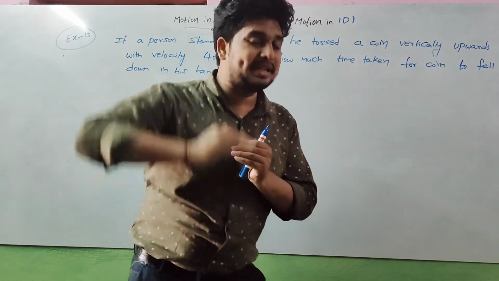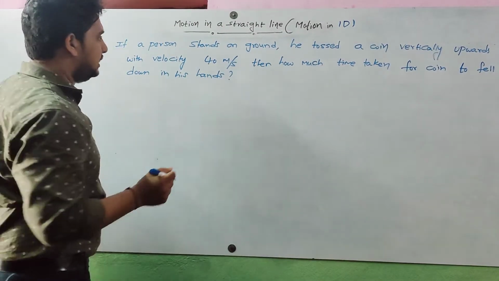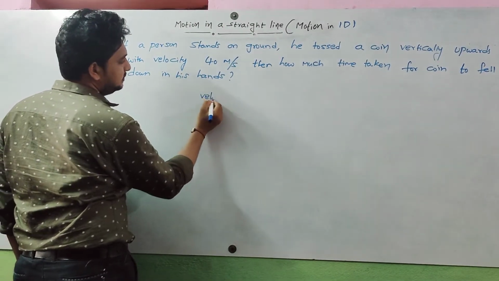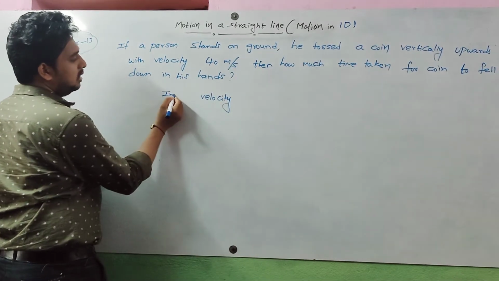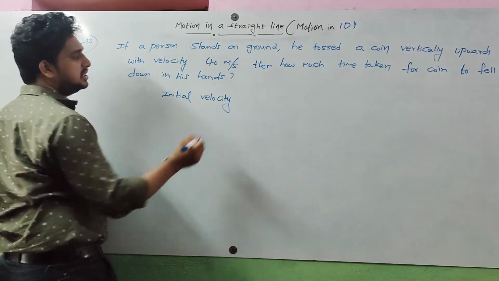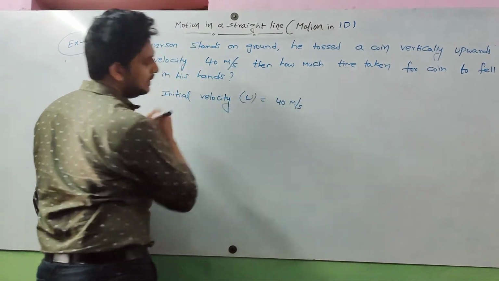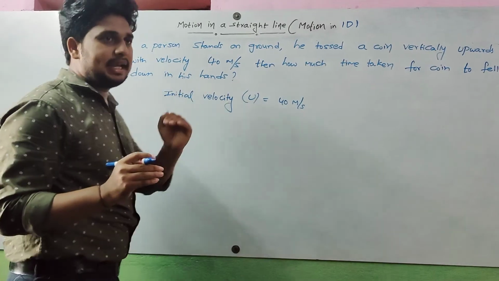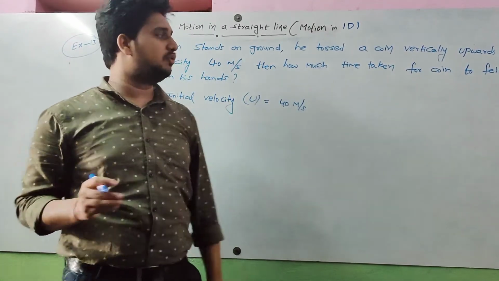The coin is projected with a velocity that is given, which is nothing but the initial velocity. U is equal to 40 meter per second. The time taken by the coin to reach his hands, that we need to find.